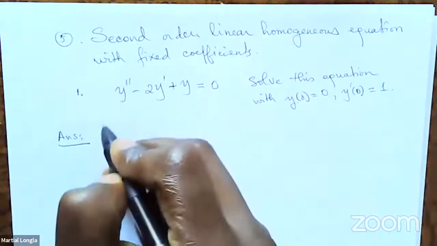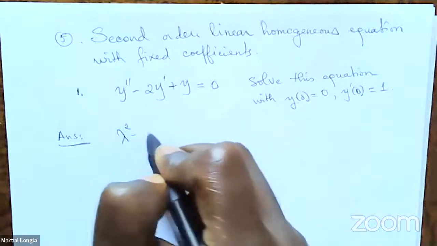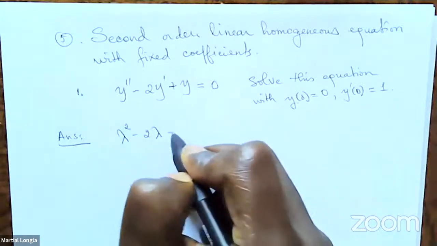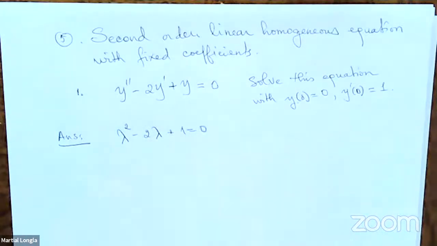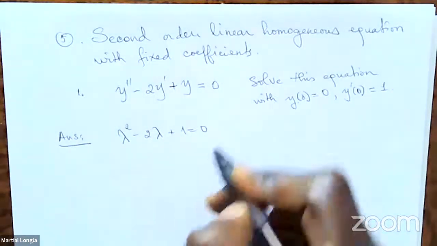So you get lambda squared minus 2 lambda plus 1 equals 0 that you solve.